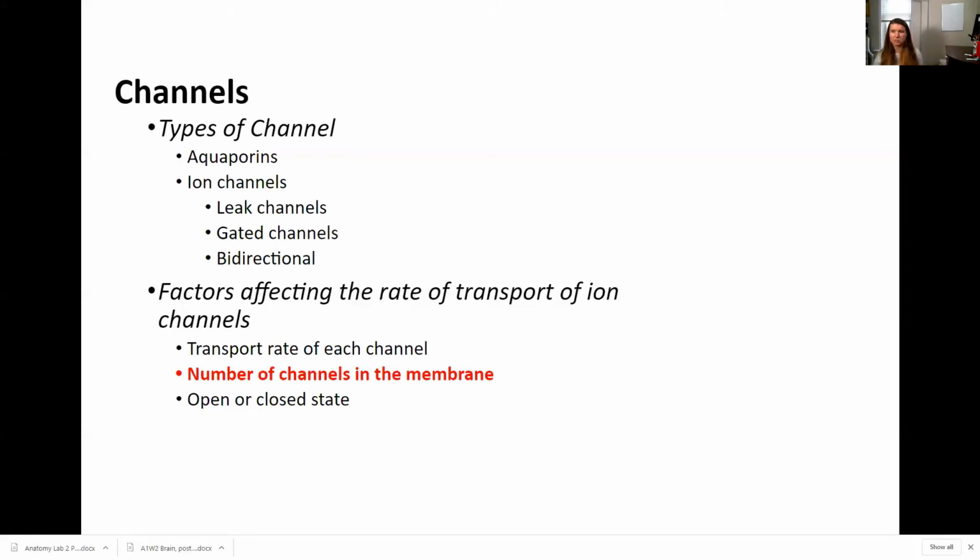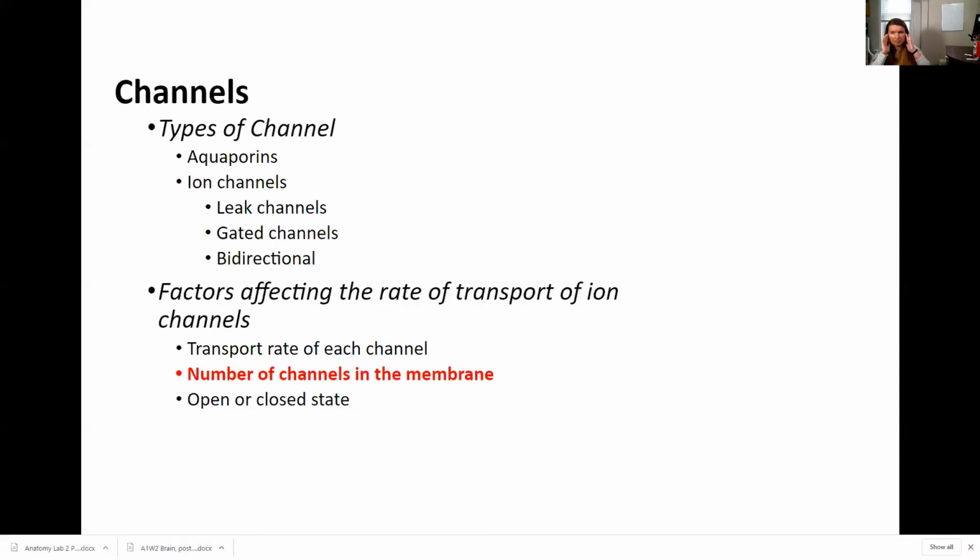And in the case of neurons, we'll see that we have voltage-gated channels. So once a membrane potential reaches a specific voltage, that channel will open up. And some channels are bidirectional. So they allow our ions to go out, but they also allow our ions to go in. Okay. But all of these channels, once they're open, just act like open doors, and they allow passive transport to happen, facilitated diffusion.